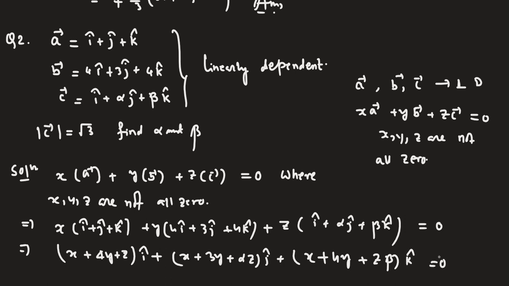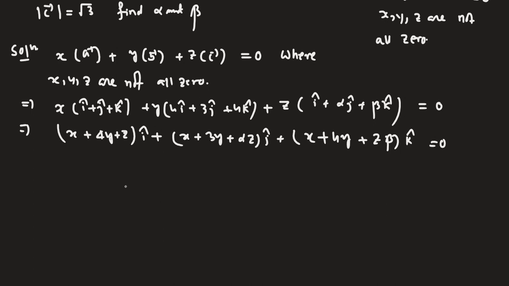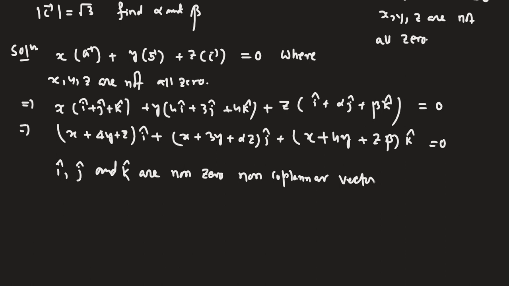Now i, j and k, which type of vectors are they? i, j and k are non-zero, non-coplanar vectors.